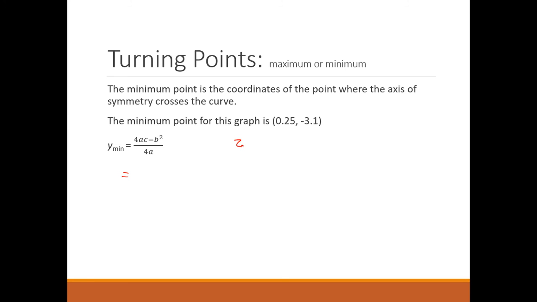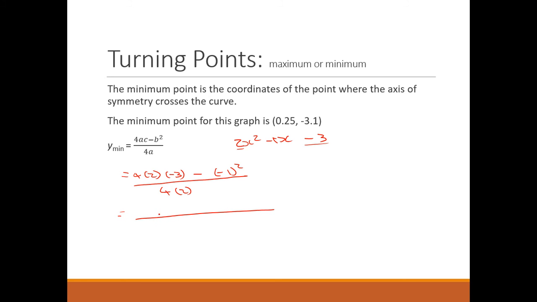It's this same function, 2x squared minus x minus 3. So the 2 is our a, the negative 1 is our b, and the negative 3 is our c. We're saying 4 times a, which is 2, times our c, which is negative 3, minus our b squared, the negative 1 squared. This is all over 4 times 2, which is our a.